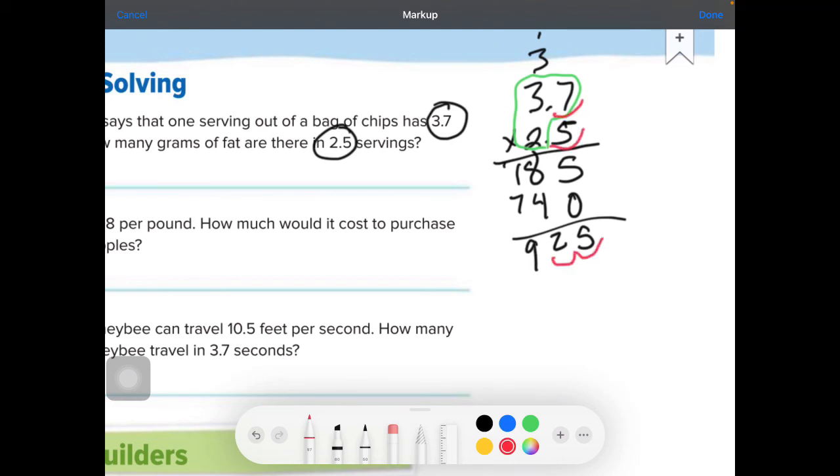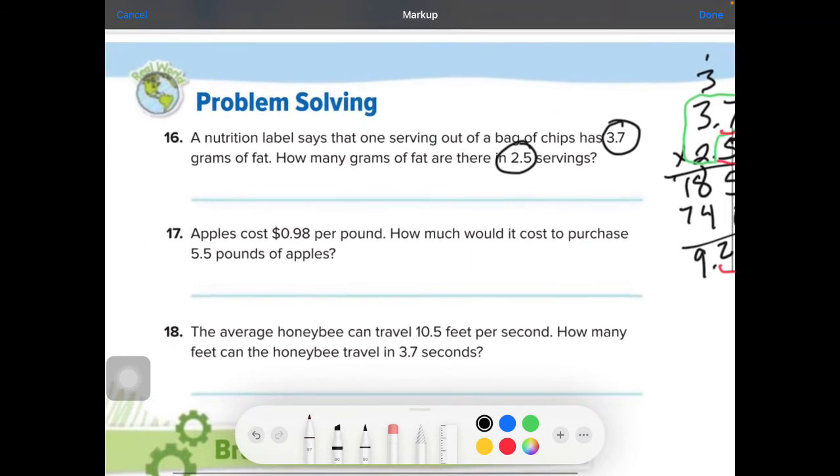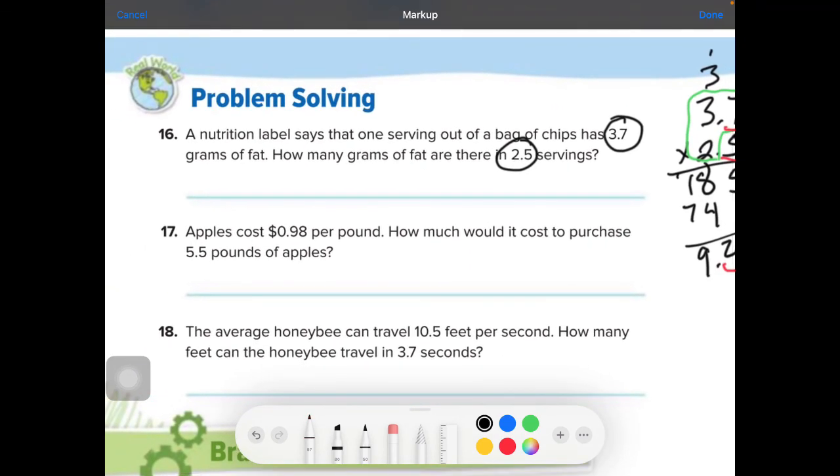We've got one place value there, one place value there. So in 2.5 servings, the chips are going to have 9.25 grams, with an S.